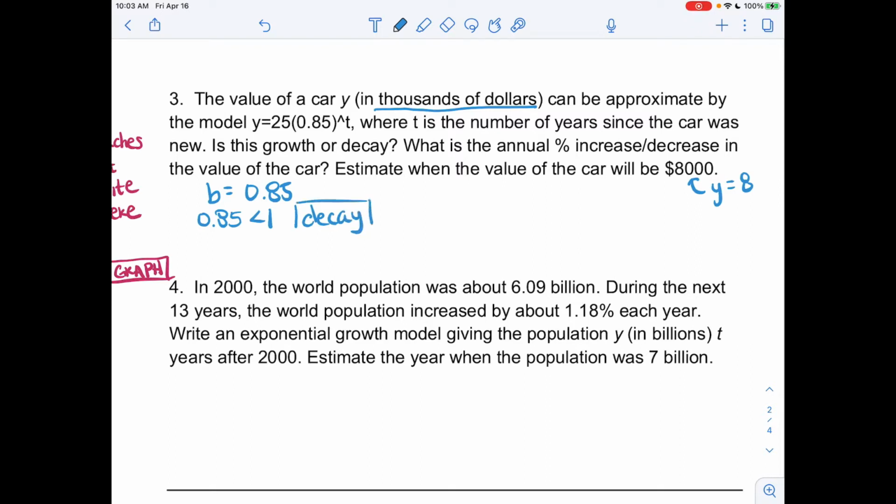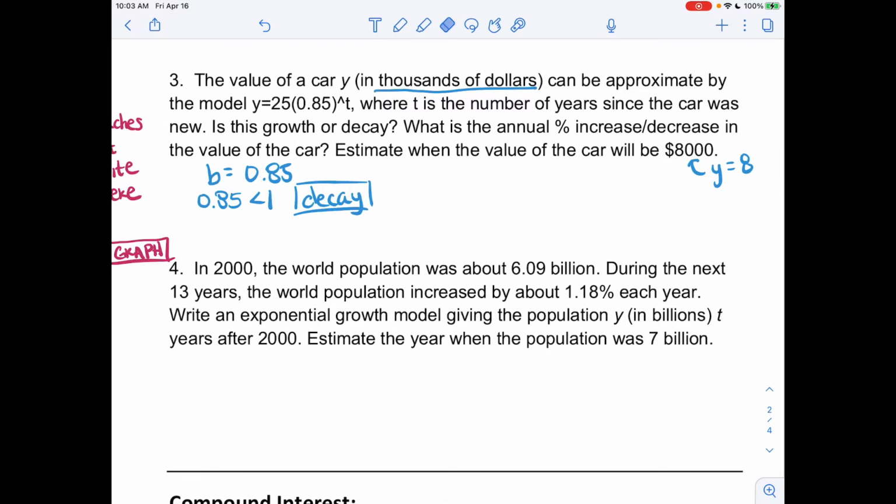Cars don't usually increase in value as they get older. So our b value of 0.85 is equal to 1 minus r. Remember that we have subtraction there because we have decay. So r is equal to 0.15 or 15%. Remember, move the decimal place 2 times.